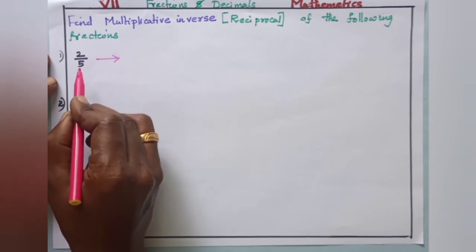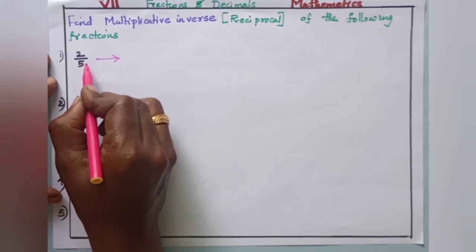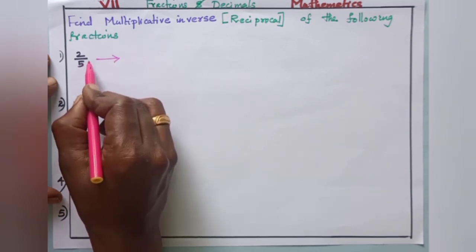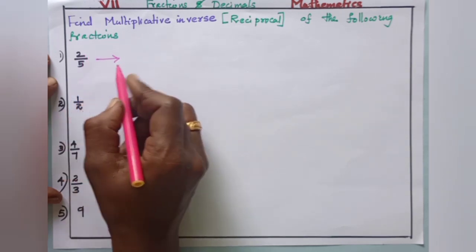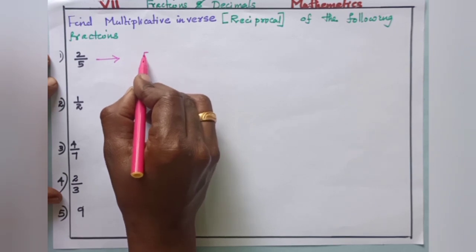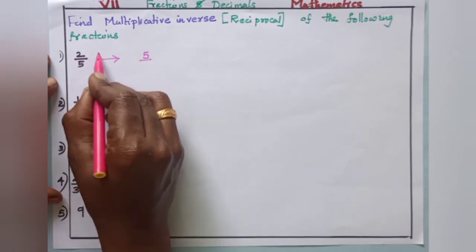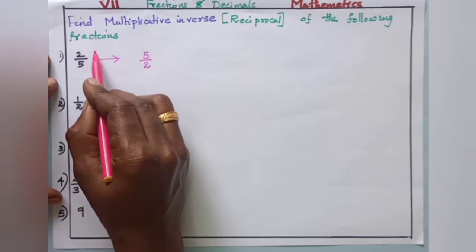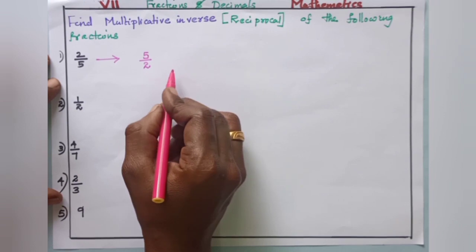The multiplicative inverse of 2 by 5: easy to write, change the denominator as numerator, numerator as denominator. Flip the numerator and denominator.